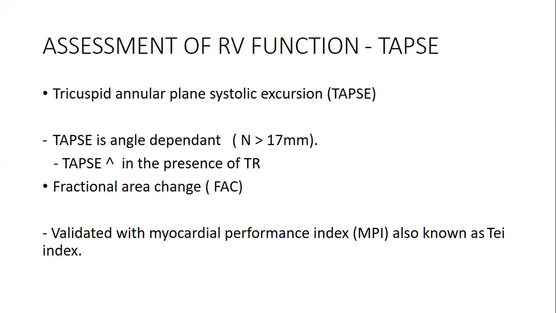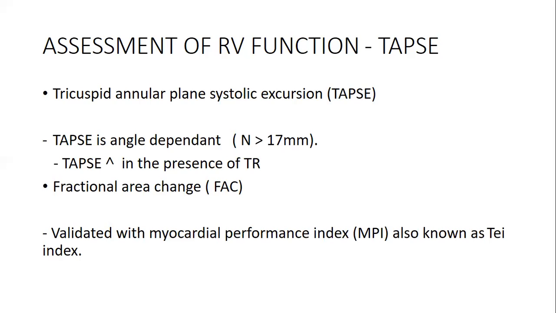The higher the displacement, the more functional the right ventricle is. And you also have to be very careful when you are using TAPSE, because TAPSE is angle dependent, and sometimes this may also be disturbed due to the motion of the heart.